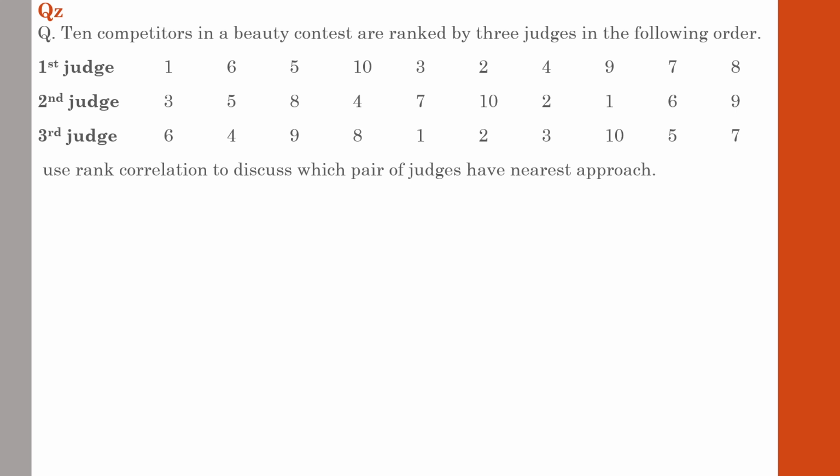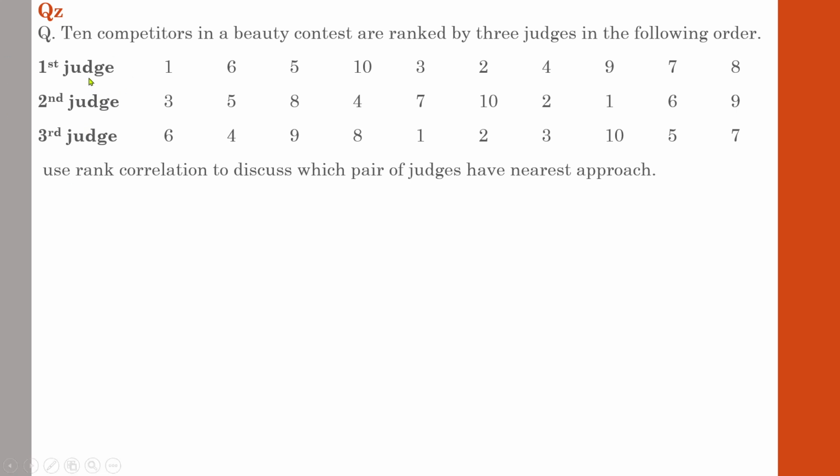So there was a beauty competition and there were 3 judges, and naturally you can see that the ranks of the judges will be different. Even though there is a criteria for ranking, there will be a difference in the ranks of the 3 judges. It is quite natural, but still we are asked to find whether there is any close relation. That is, you are asked to find whether the ranks given by any pair of judges have the nearest approach. Nearest approach means whether their ranks are closely related.